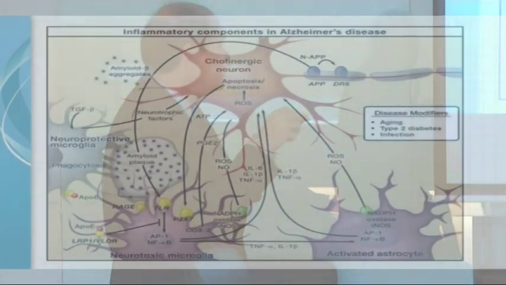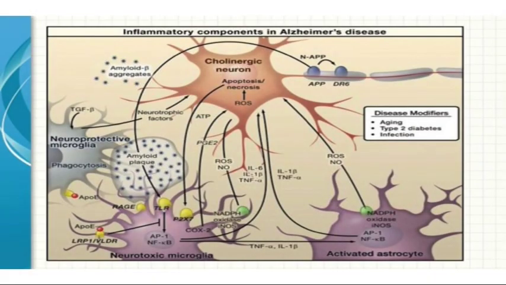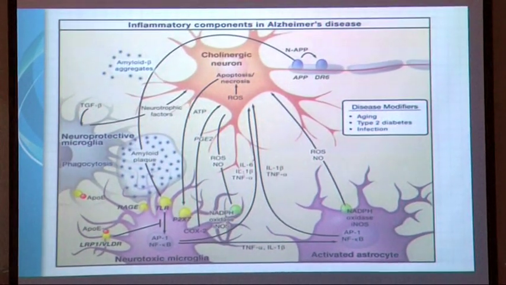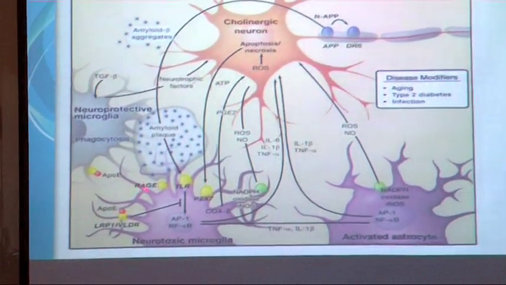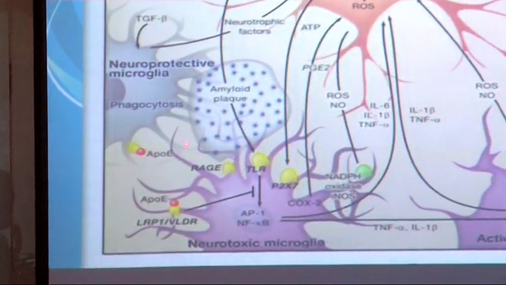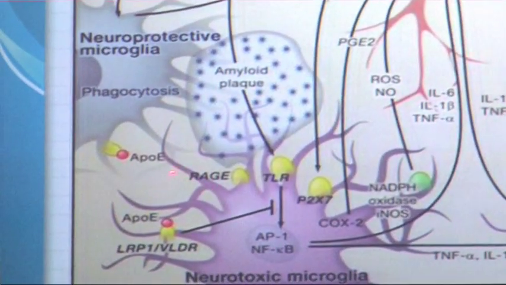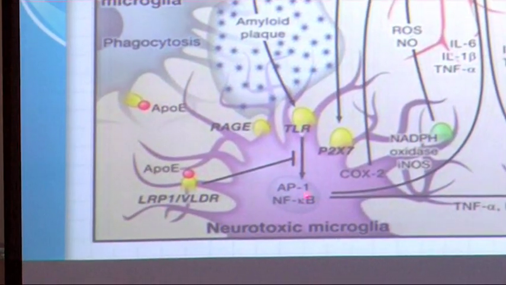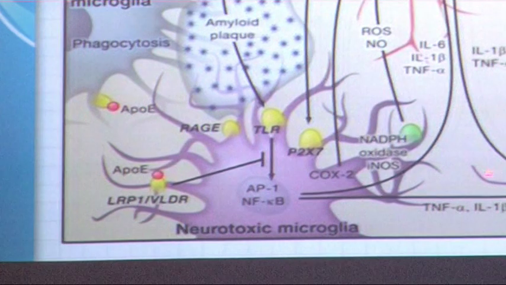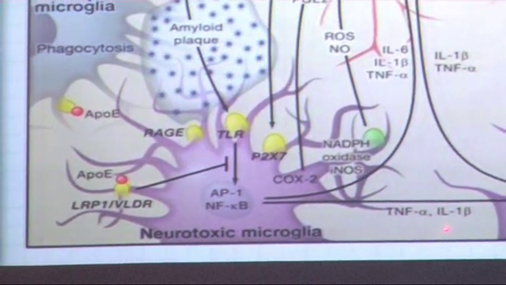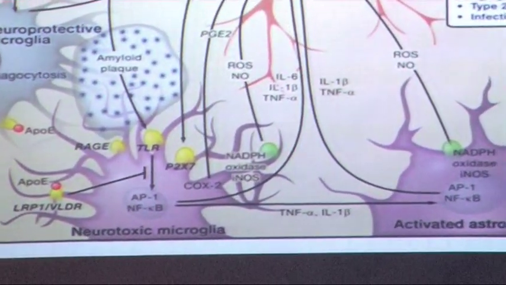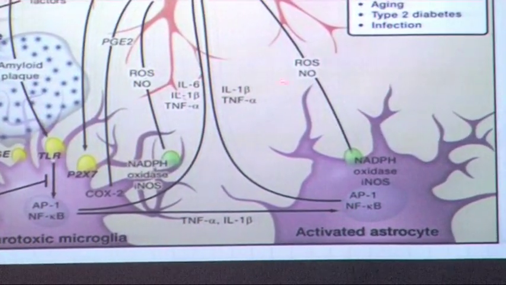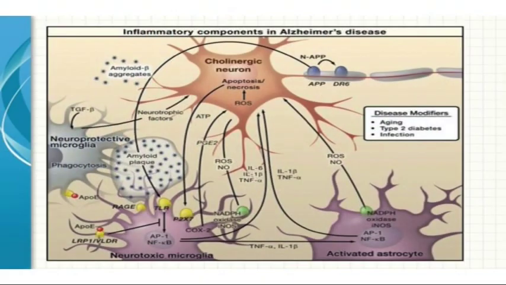And this depicts that our microglia cells, which are the resident immune cells in the brain, have a receptor for AGEs. So these products are bound to this receptor, and this causes the transcription of inflammatory cytokines like TNF and interleukin-1 beta, which also affect the metabolism in the astrocytes, which are in the vicinity of these neurons.